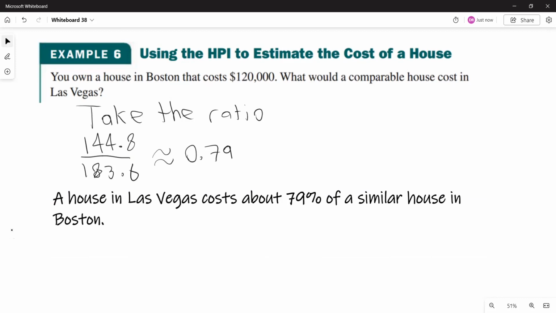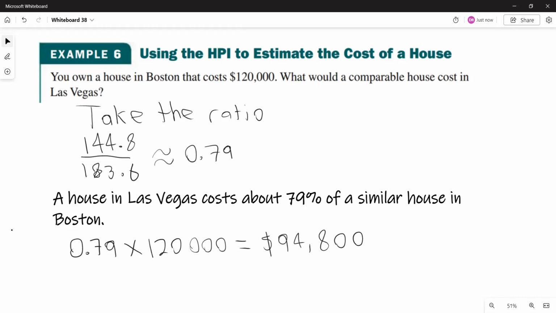So we're going to multiply 0.79 by the hypothetical price of a house in Boston. And this is 94,800, which again is not realistic for a house in Las Vegas. That's just an exercise. So that would be a comparable house cost in Las Vegas, 94,800.